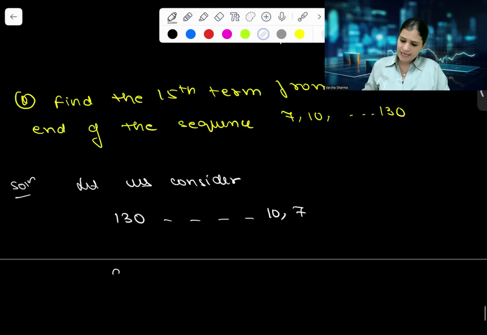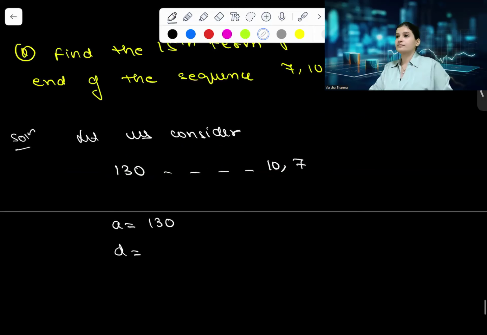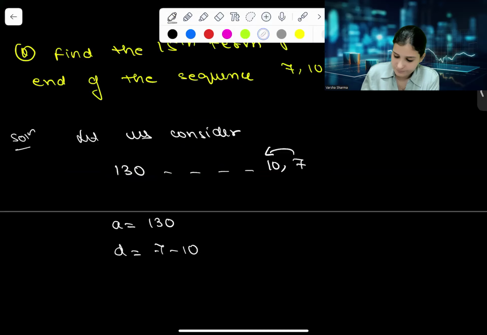In this case, A is 130 and common difference is minus 3, every term subtracted with the preceding term. So we wanted the 15th term.